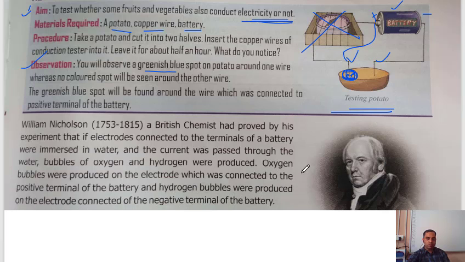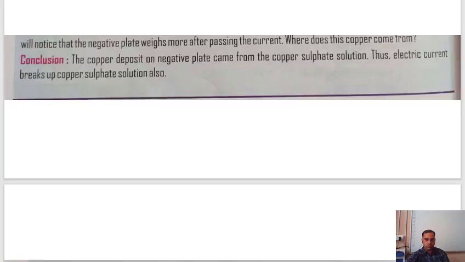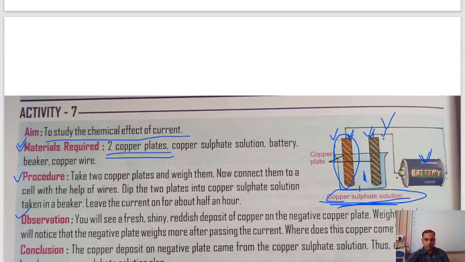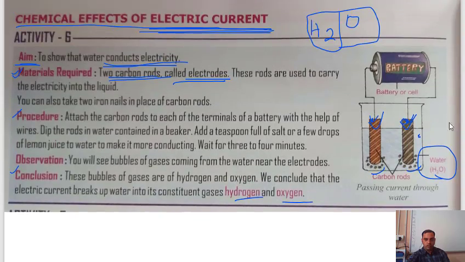Keeping this in mind, it is saying that oxygen bubbles were produced at the electrode connected to the positive terminal. Near the positive terminal, oxygen will be produced, and at the negative, hydrogen will be produced. Now, let us go there again. This is what we were discussing earlier.